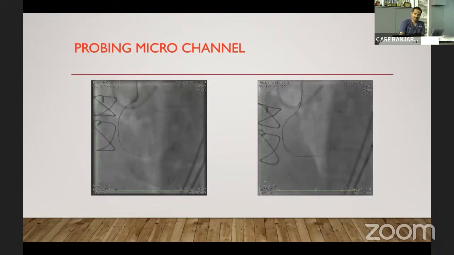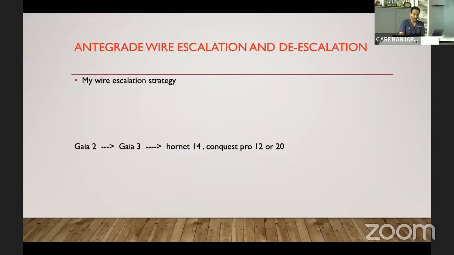Though it is a long CTO, we could reach the distal true lumen much more easily with this wire. So it is worthwhile using a microchannel wire before escalating to your next wires. My usual escalation strategy is, honestly, if I want to try a microchannel, I'll do an exploration with Fielder XTR. If it doesn't work, then I'll move on to Gaia 2.